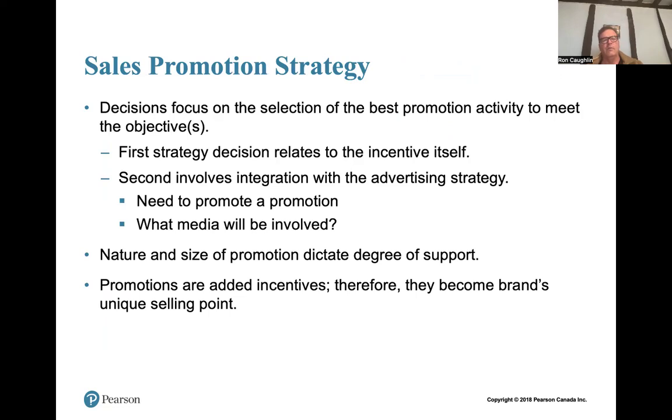Need to promote a promotion, so you must determine how you're going to do that and what media will be involved and what's the best way to drive success. And in addition, you have the nature and the size of promotion, which dictates degree of support. So promotions are added incentives. Therefore, they become the brand's unique selling point eventually, sometimes.